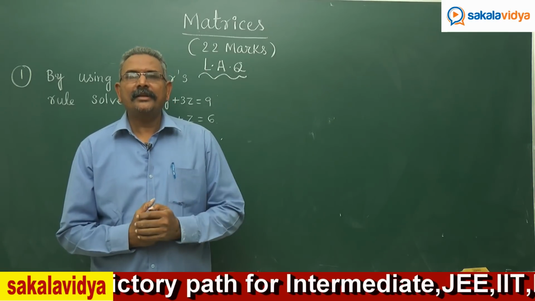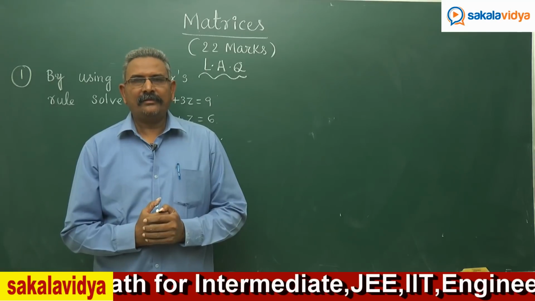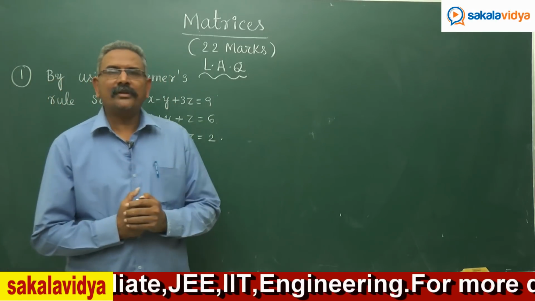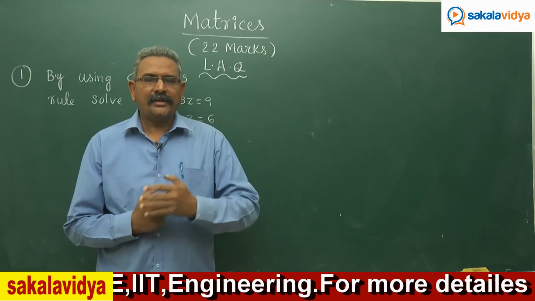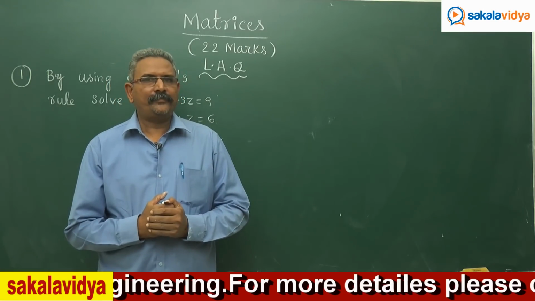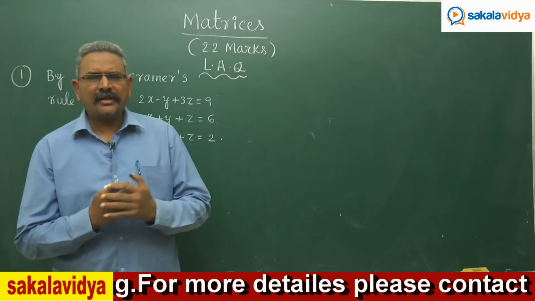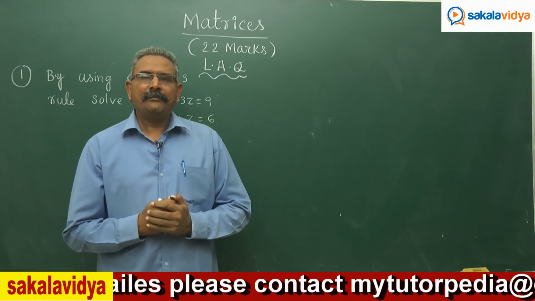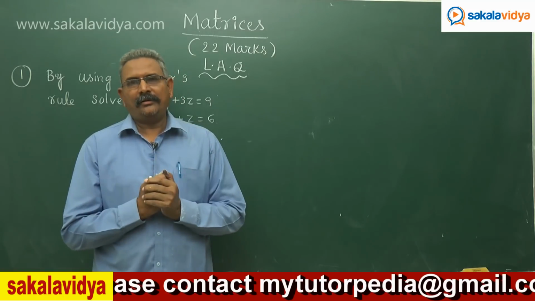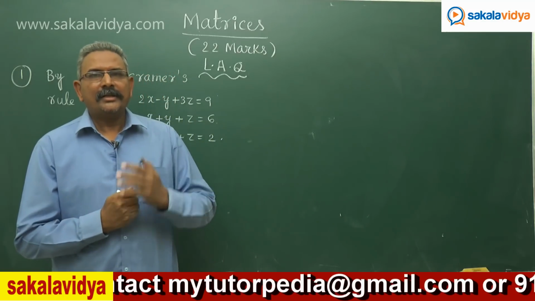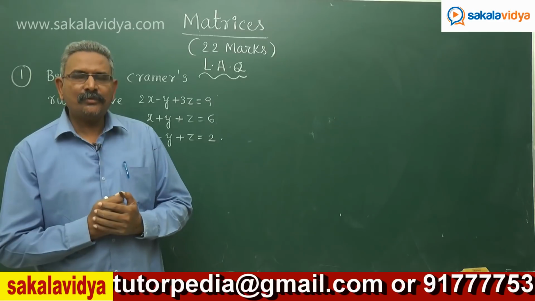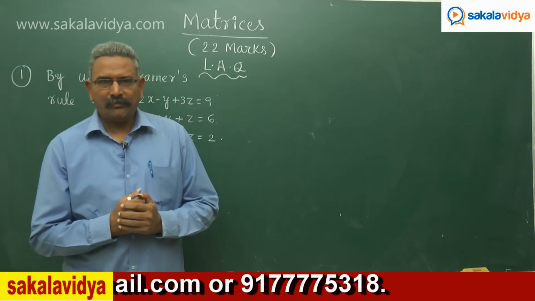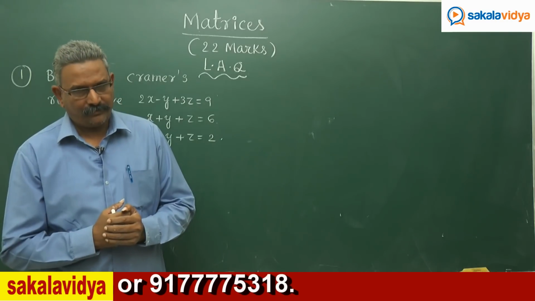First, let us have a discussion on solving the simultaneous equations in 3 variables, that is x, y, z, using Cramer's rule. So, first let us have a strategy in Cramer's rule. Basically, in general we have to remember the steps that are to be applied while solving the problem using Cramer's rule.